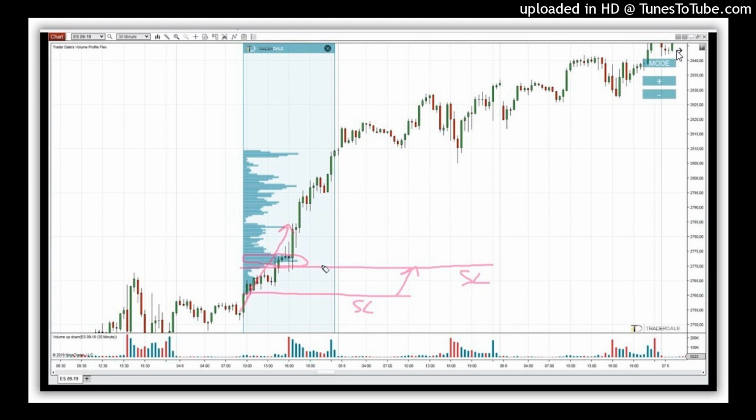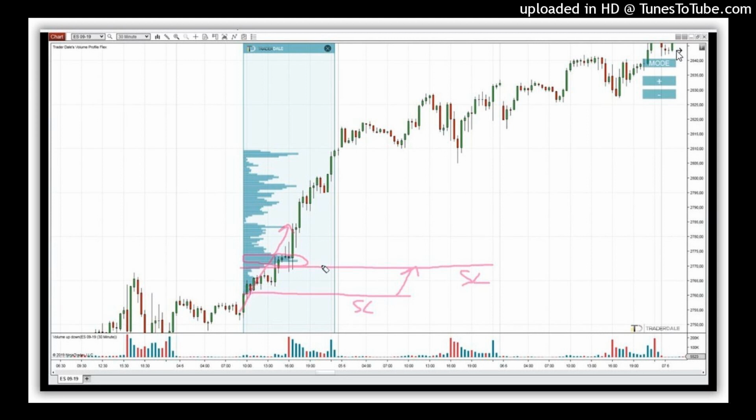So what you can do is quit your selling position in here or a little bit above this level, or above this level. So those are two possible take profits.